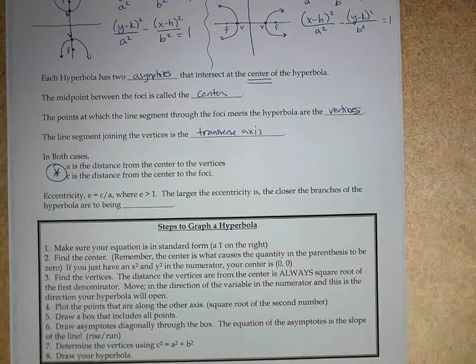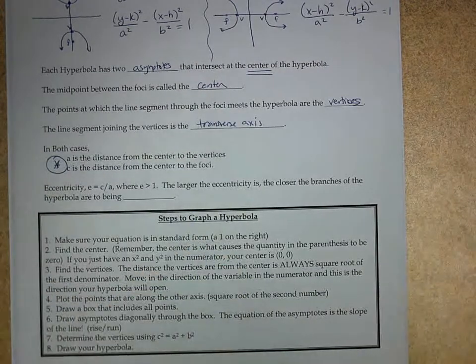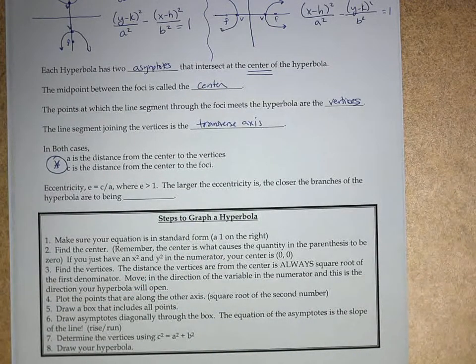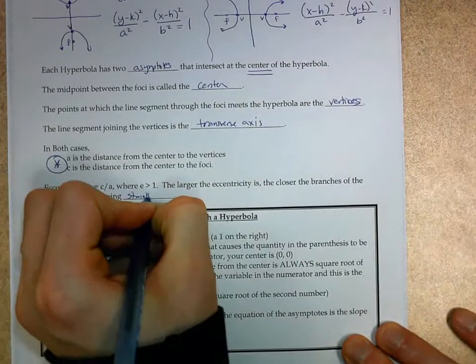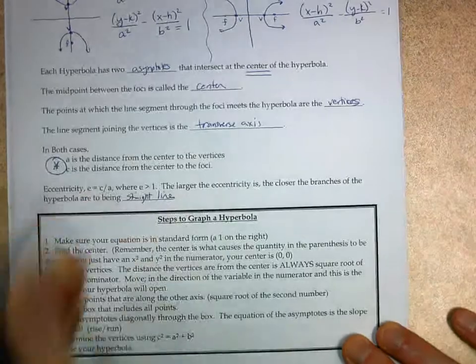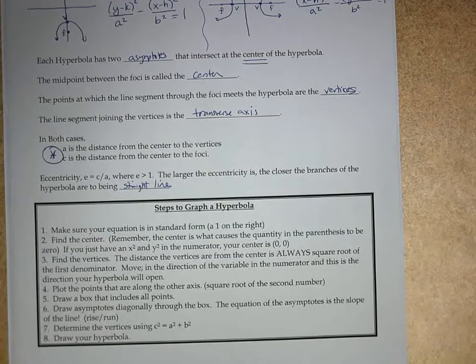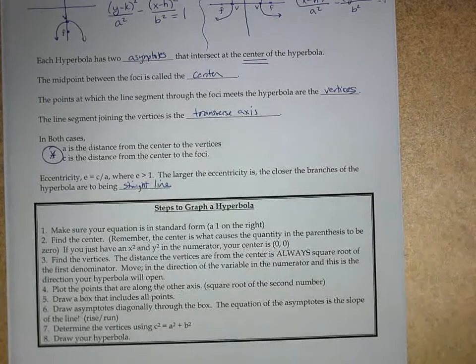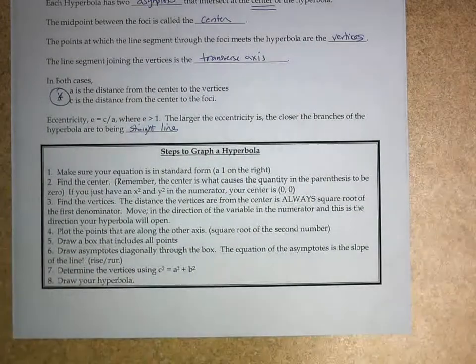With the ellipse, it was always between 0 and 1. The larger the eccentricity is, the closer the branches of the hyperbola are to a straight line. Back when we talked about ellipses, the closer to 0 we were, the more circular it was. The exact opposite is true here: as we get closer to infinity, the more of a straight line it becomes.